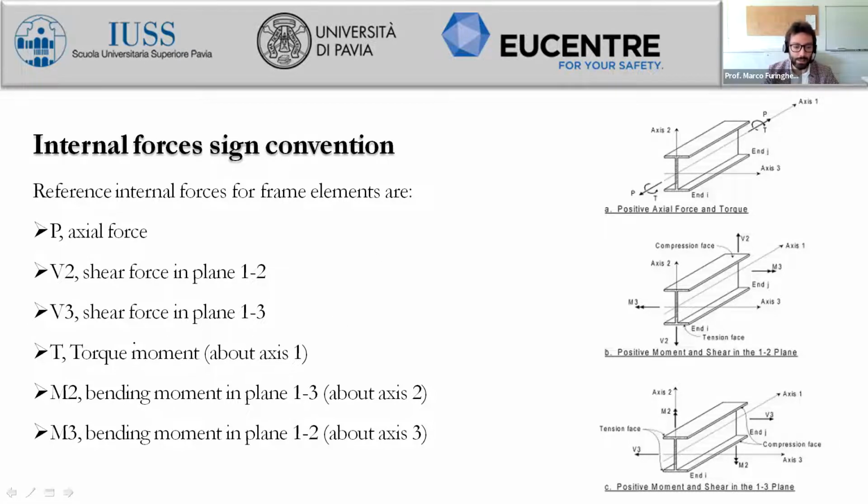You see that since the torsional moment is about the axis 1, we can understand that the axis 1 is parallel with respect to the axis of the element. So this is the axis of the element.